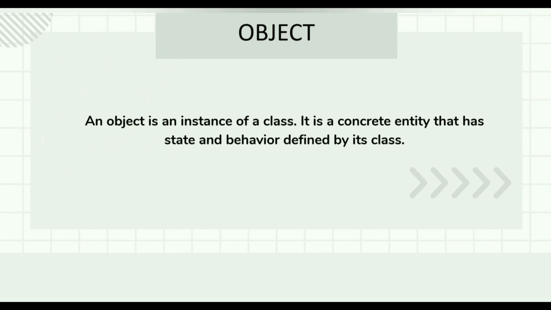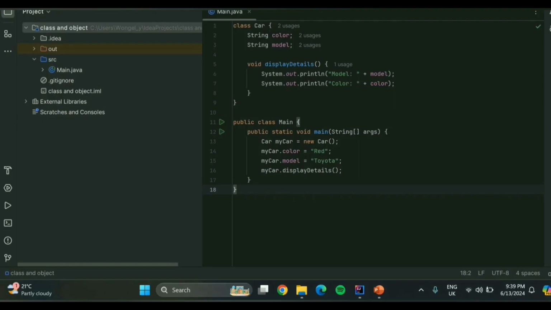So let's take a look at a simple example in Java to illustrate classes and objects. First, let's look at the class definition, which we have over here. Here we have a class named Car, and in our Car class we have two fields, the String color and the String model.